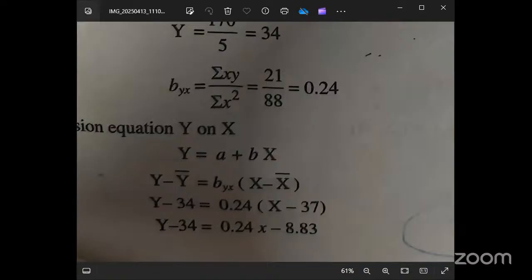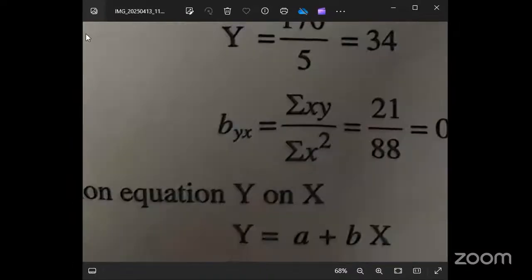So how did we get 8.83? It is 0.24 into 37. So 0.24 into 37, we get 8.83.